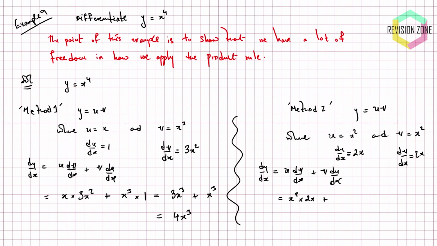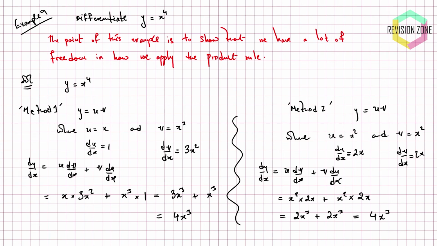So I put that in, and finally I have du by dx, which is 2x again. Simplifying this, we end up with 2x cubed add 2x cubed, which is 4x cubed.